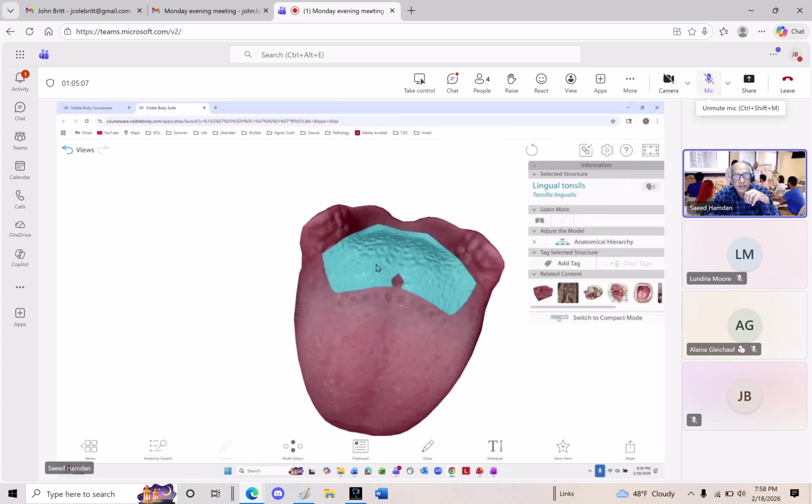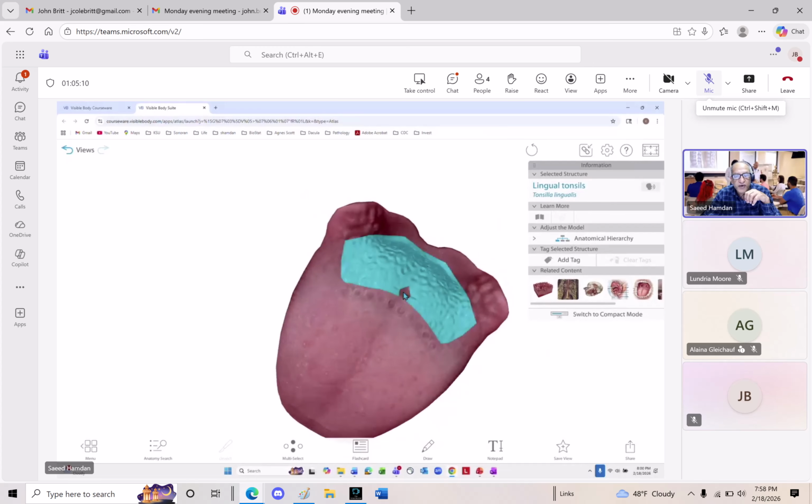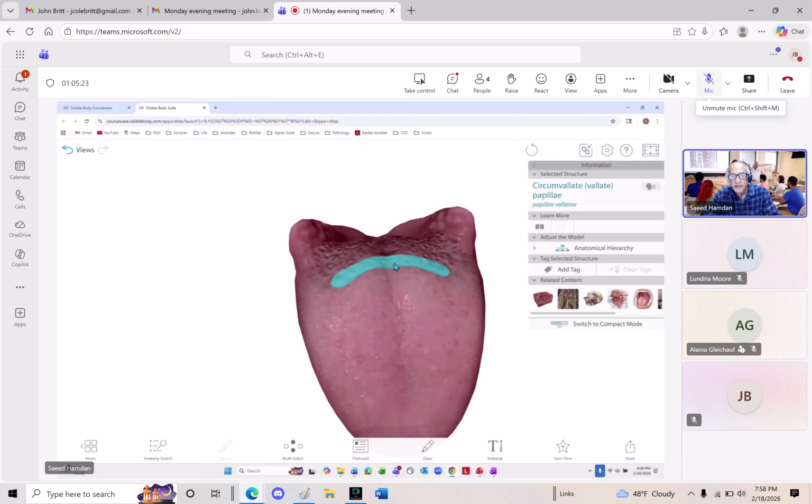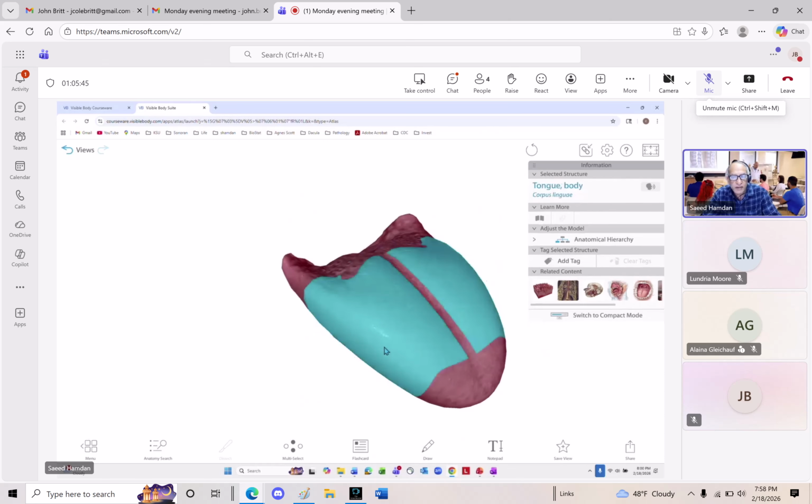Now in the back, you see the lingual tonsils, foramen cecum, of course, and then you see the palatine tonsils. But you don't see the papillae themselves. The foliate, you'll be able to see them, right? So this is the circumvallate papillae, the first one in the list, but the foliate papillae, the fungiform papillae, and the fungiform, you won't be able to see, you don't have them here.